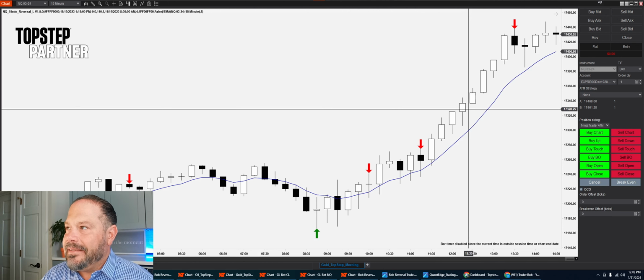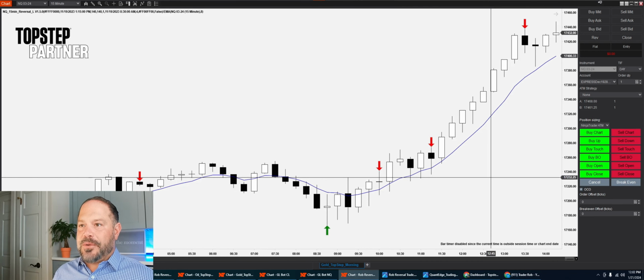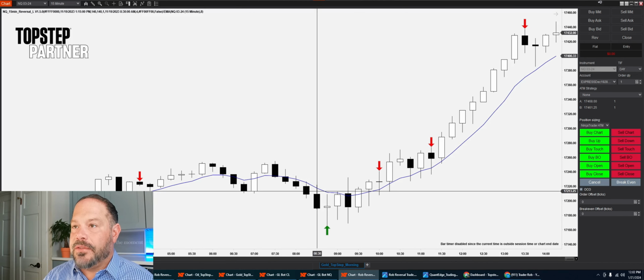So how do I get these signals? Well, that's an interesting story. When I started to trade the 1-minute, let's call it Rob reversal, or 5-minute Rob reversal, which is what I was trading originally, I was looking for these candlestick patterns just by eye, okay? And I said to myself, you know what?